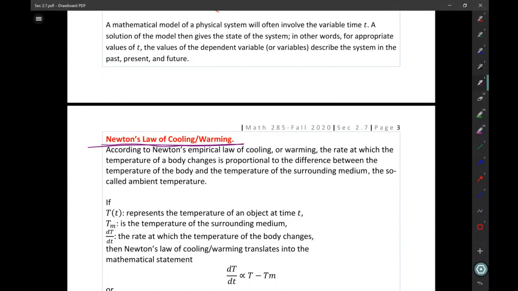Here, the problem of the heating and cooling says as follows.